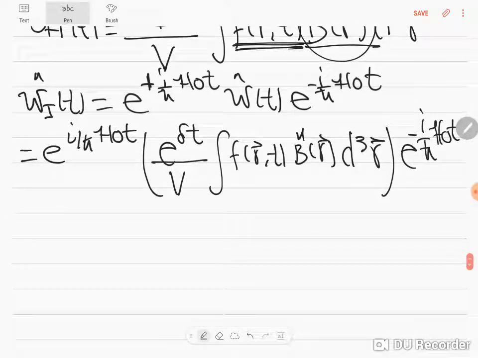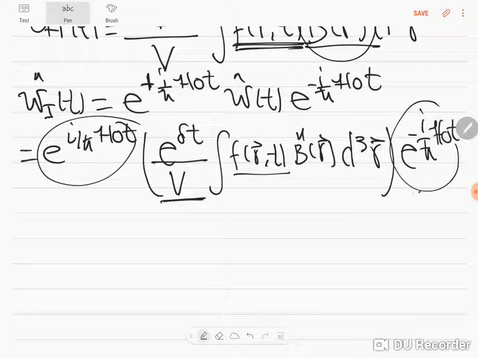Now what can we do here? This is a scalar and this is a scalar too, so they all commute with this one here, and we can put this one inside as well.